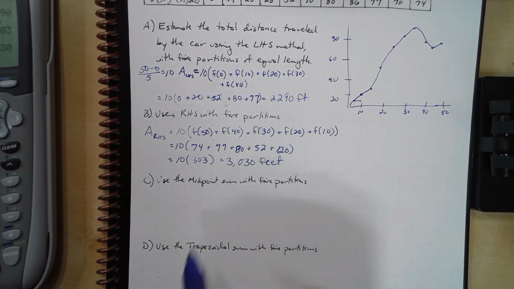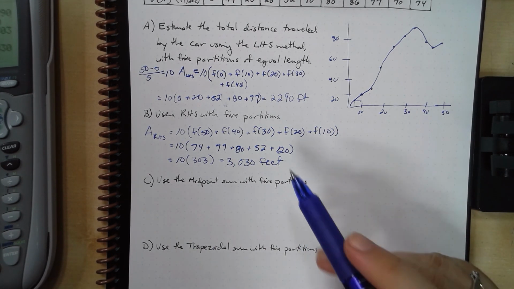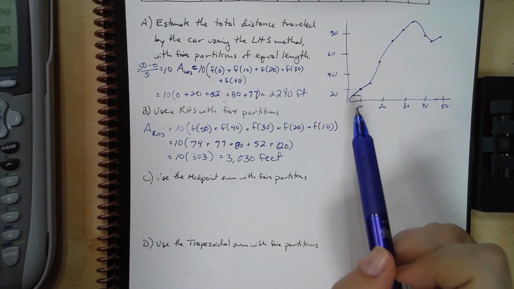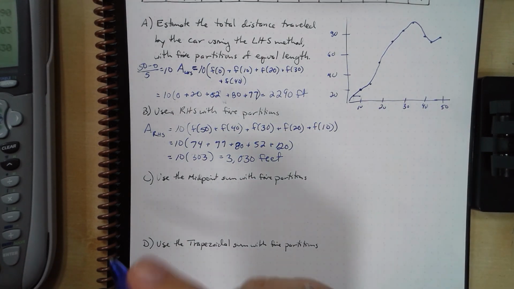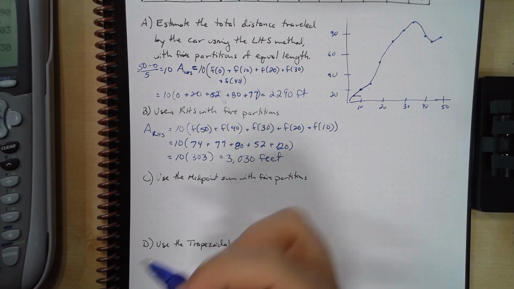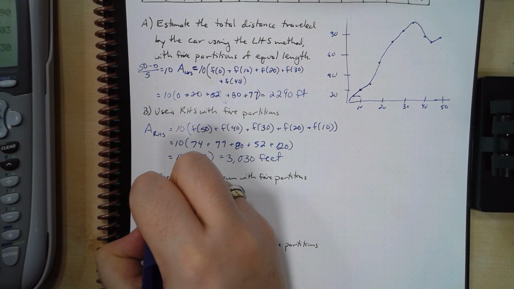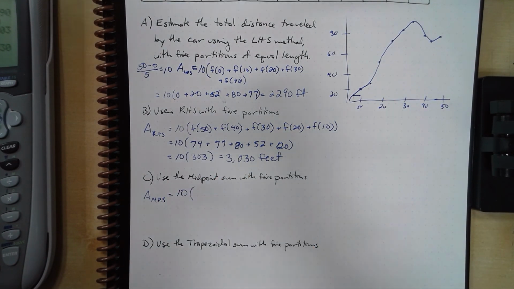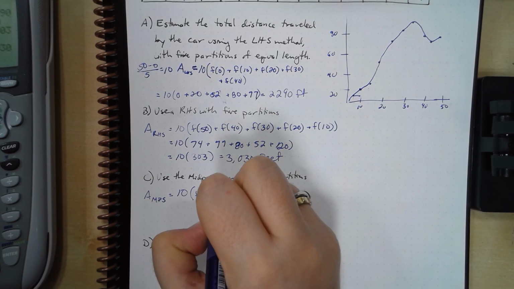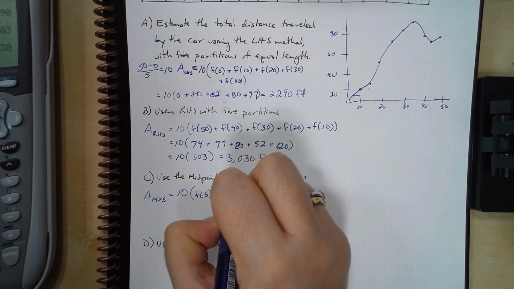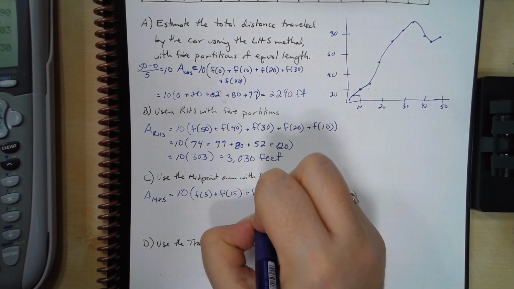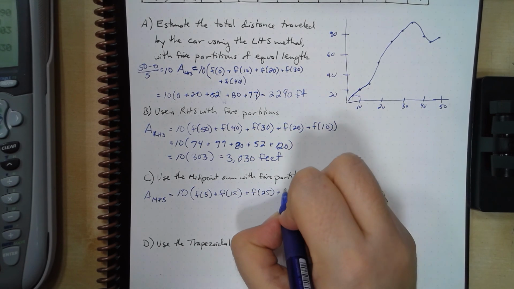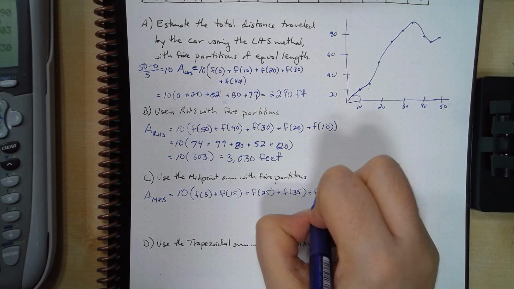Well, let's now actually use the midpoint sum with 5 partitions. So 5 partitions, we're still going from 0 to 50. We're still going to have the same delta x over n. So our area with midpoint sums, I'll call it MPS, is going to be equal to 10 times, well, now we need to find f of 5, right? Because it's a midpoint between 0 and 10. So f of 5 plus f of 15 plus f of 25 plus f of 35 plus f of 45. Whew.